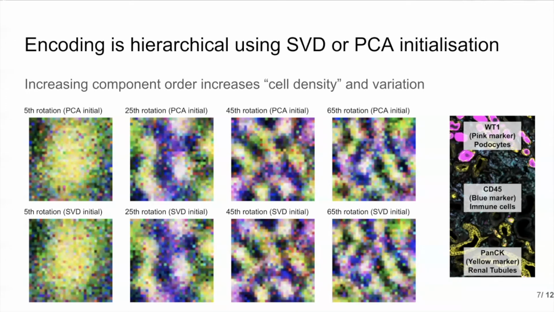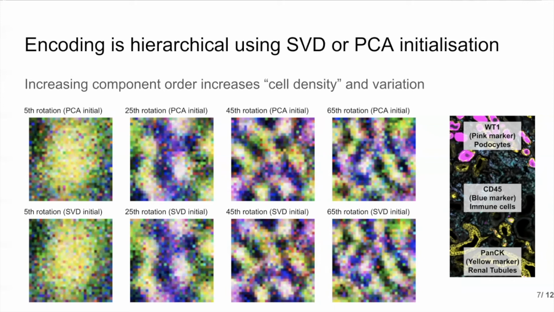This is of spatial transcriptomic data, and the components represent images or cells. The first plot on the left shows the 5th rotation, and we notice that it's a diffuse, large globular green shape, which corresponds to, for example, a cell.